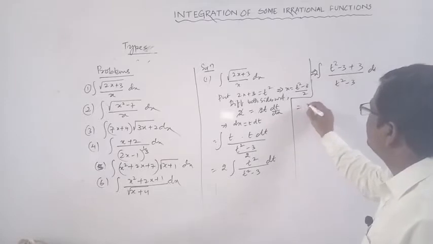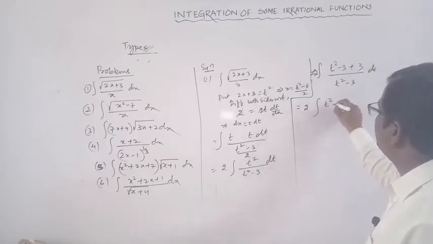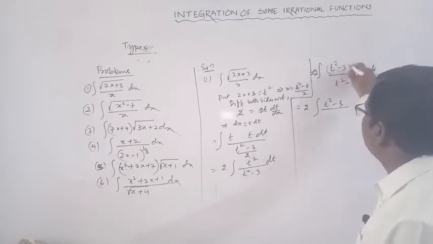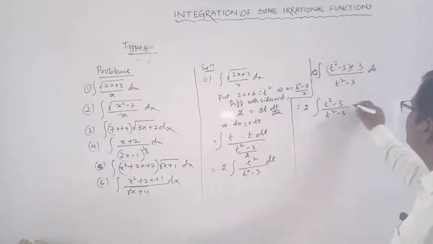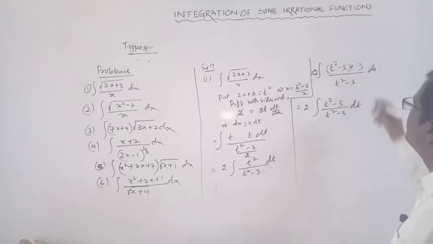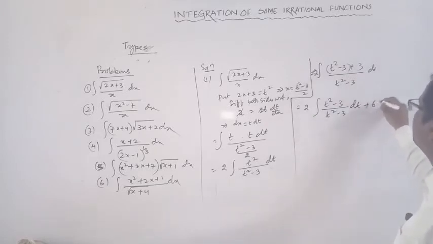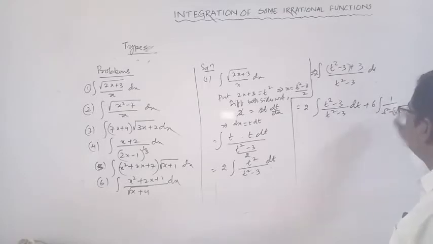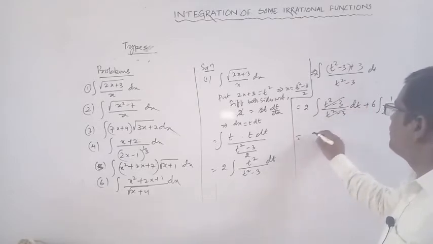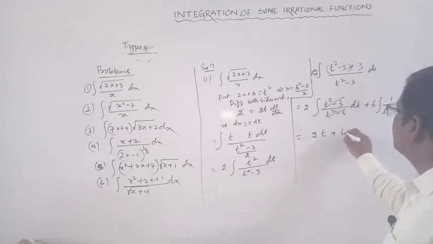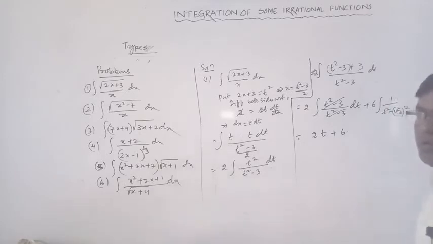So this is equal to 2 into (t square minus 3) divided by the same factor (t square minus 3) dt, plus 6 into 1 by (t square minus root 3 whole square). So this cancels, and we get 2t plus 6 into the form of 1 by x square minus a square, dx.